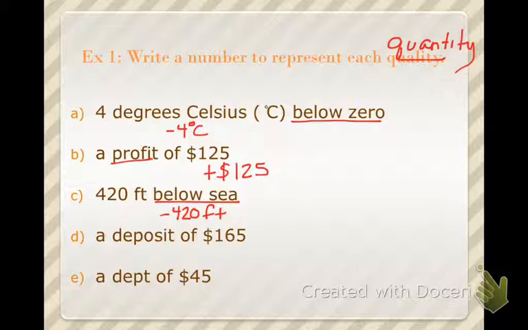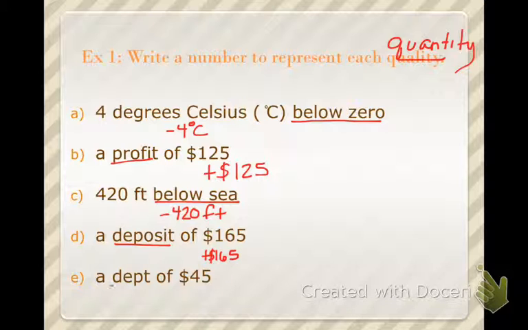And then D, a deposit of $165. A deposit means you put money into it. I put $125 into my bank account, so that's a good thing. So that's a positive $165.